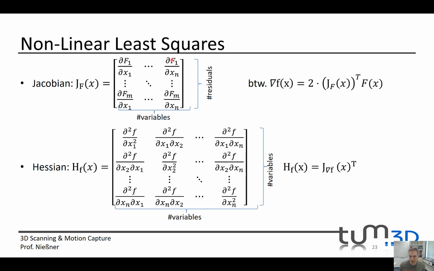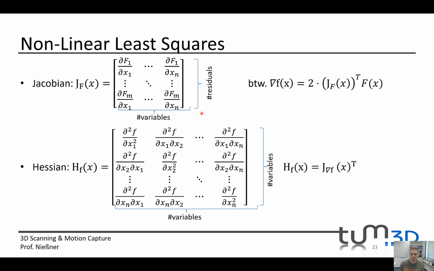This first row is always taking the first residual and computing the partial derivative with respect to every unknown that we have. And then the second row would be the second residual, again computing partial derivatives with respect to each unknown that we have, right? And so on. And this gives a matrix that is number of residuals times number of variables.